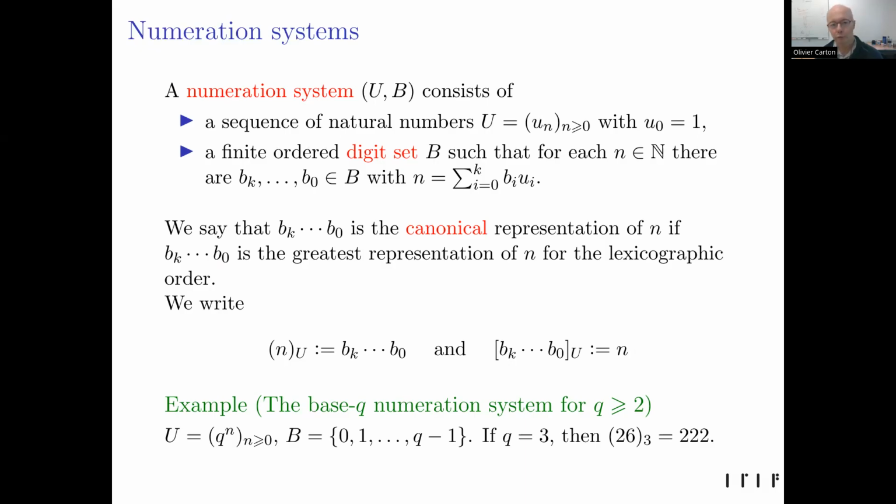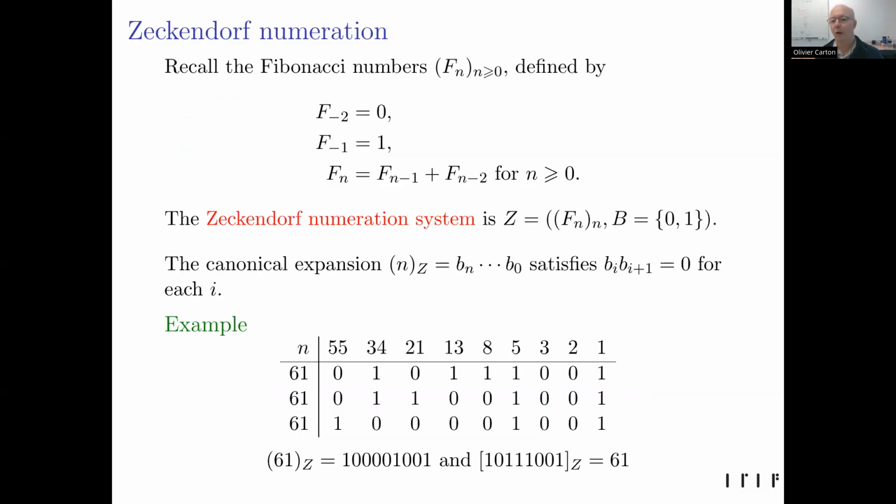So let's move to the Zeckendorf numeration system, one of the most well-known numeration systems. Instead of taking the powers of Q, we take the Fibonacci numbers, and to have only one occurrence of 1, we shift the sequence a little. We start with F minus 2 being 0, F minus 1 being 1, and then every Fibonacci number is the sum of the 2 previous ones.